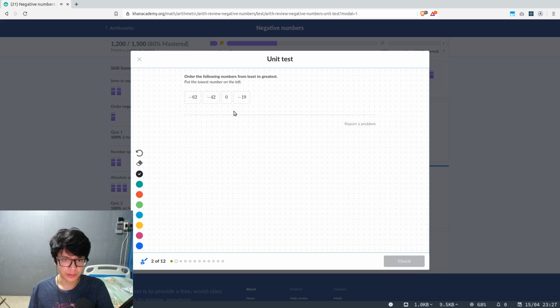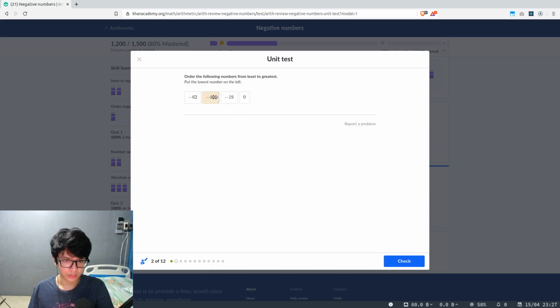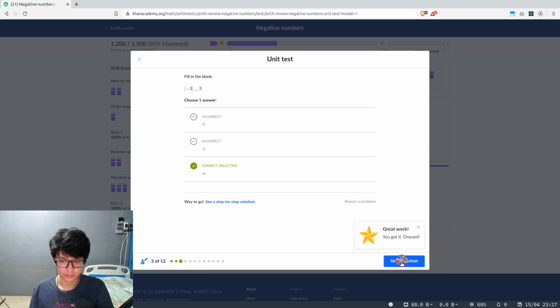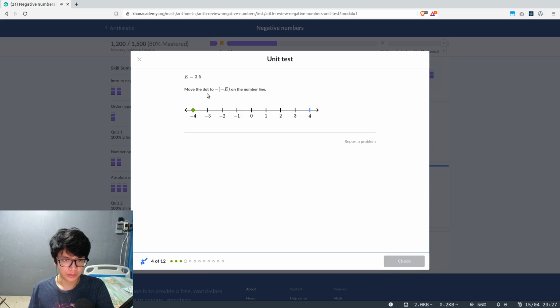Order the following from least to greatest. So the least is that. Oh my god, I can press. So, yeah, 6 more. Alright, cool. Let's go. Fill in the blanks, they're equal. Move the dot to negative. It's gonna end up at 3.5.